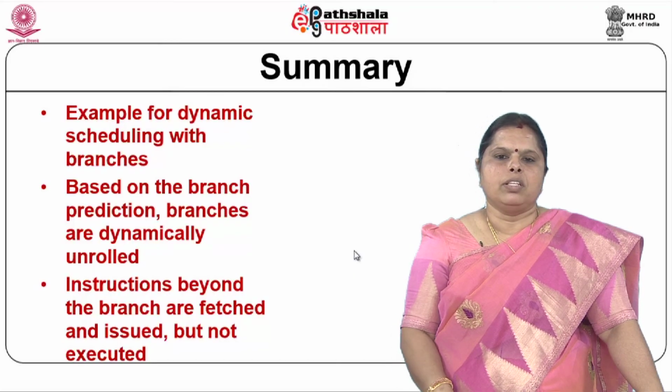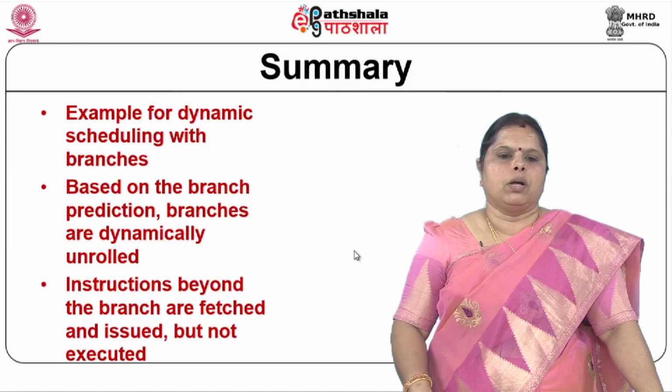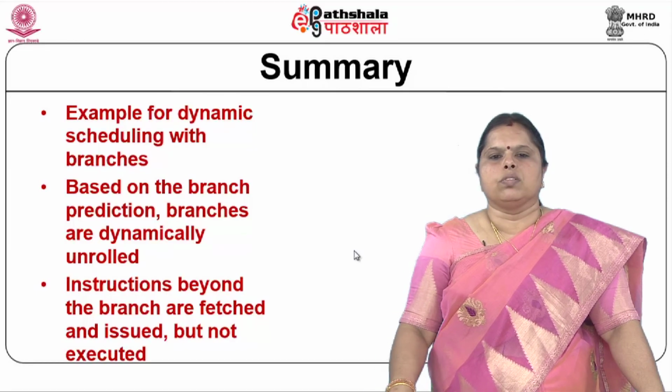So, we only fetch and issue instructions beyond the branch, but we will not execute them. Because if we do an execution and it happens to be a wrong execution, we do not have any means of undoing whatever operation we did. So, we just assume that instructions beyond the branch will only be fetched and issued, but execution will not happen.